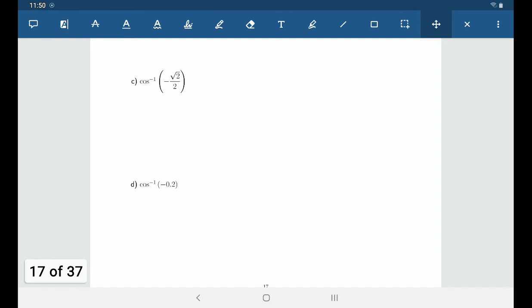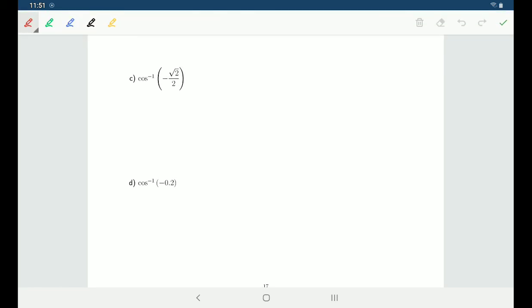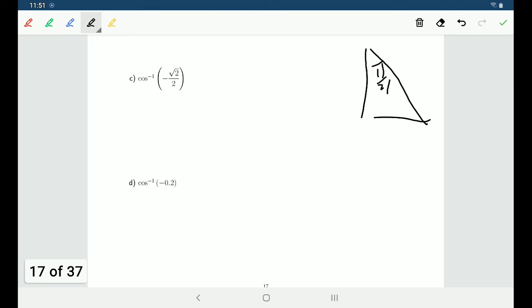Let's do some more. Cosine inverse of negative root 2 over 2. This is a number hopefully we're remembering from our special triangles. Remember that for the 45, 45, 90 triangle, the side lengths are 1, 1, and root 2.